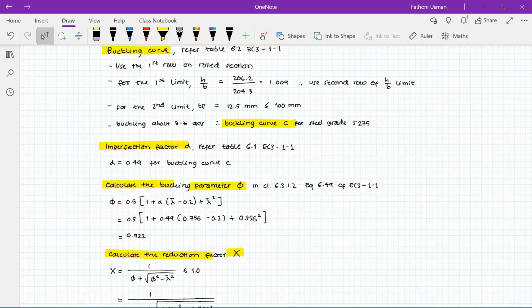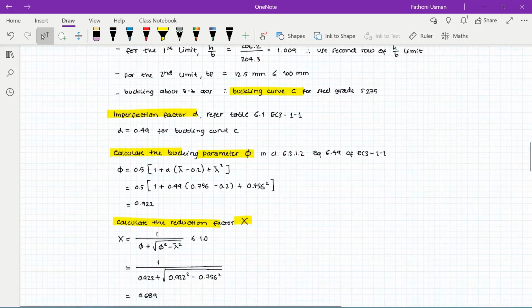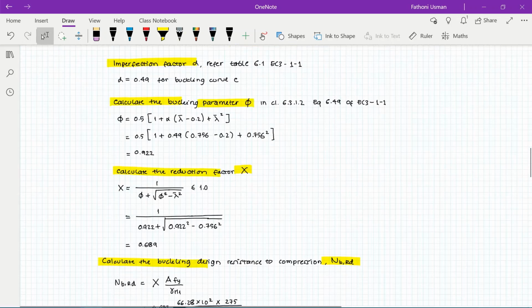Next is to determine the imperfection factor alpha. We have to refer to table 6.1 of Eurocode 3 part 1-1. Alpha for the buckling curve c is equal to 0.49. Then the next is to calculate the buckling parameter phi. You can find it in the clause 6.3.1.2 in equation 6.49.